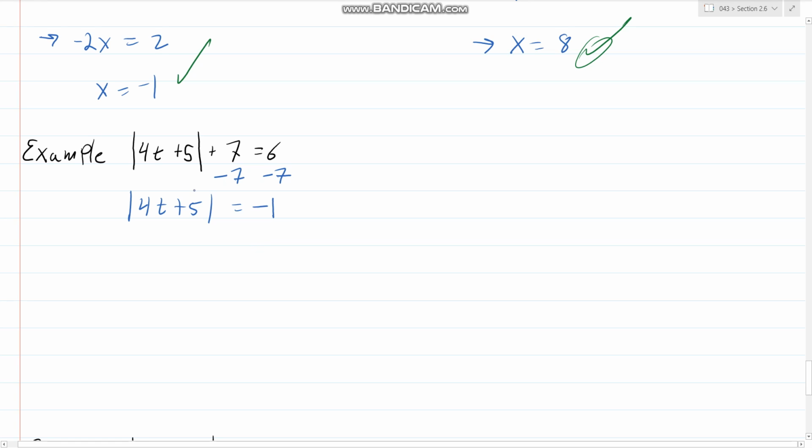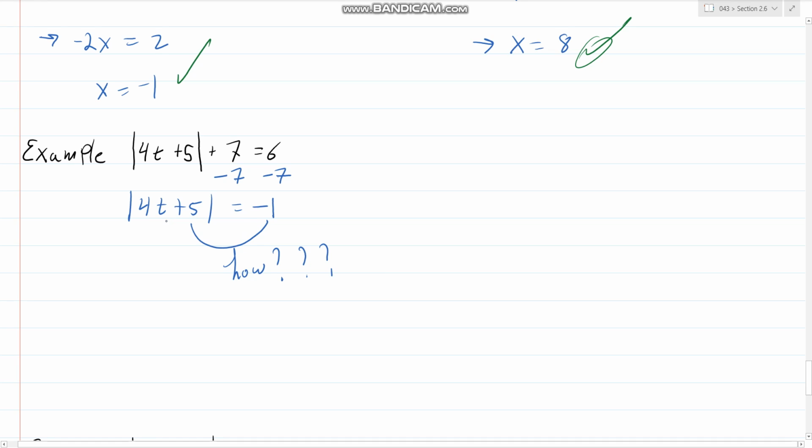Okay, so I need to take both cases, right? But how can this be? How can the absolute value be equal to a negative number? The answer is it can't.